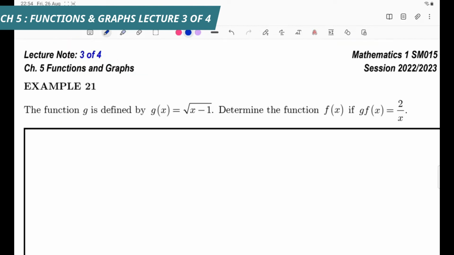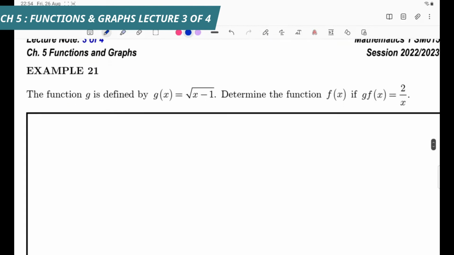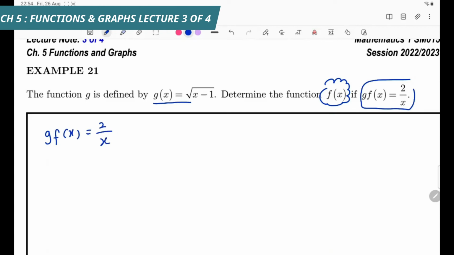Example 21. The function g is defined by g(x) equal to square root of x minus 1. Determine the function f(x) if g of f(x) equal to 2 over x. We're given g(x), and then we need to find the function f(x) if g of f(x) equal to 2 over x. Write down the composite function first, which is g of f(x) equal to 2 over x.